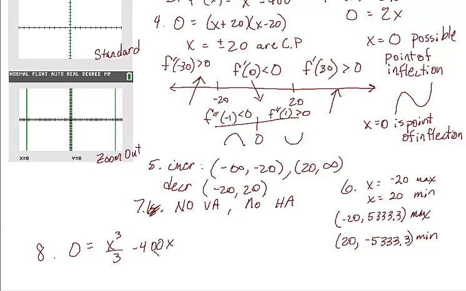Move all that stuff to either side, and first I'm going to factor, and then I would get x times x squared over 3 minus 400. x equals 0 is going to be one, and then you'll need to move the 400 over, multiply by 3, and then take the square root, and the other two points would then be plus or minus the square root of 1200, whatever that is.